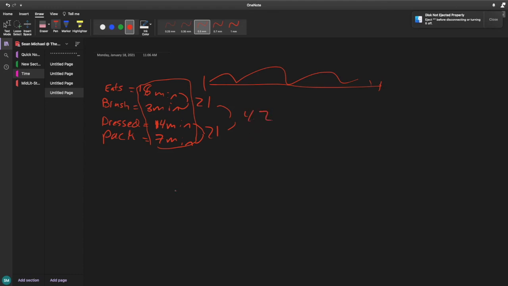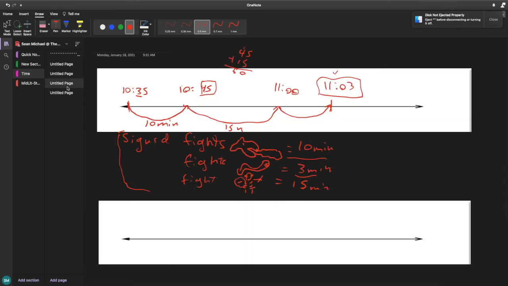And now instead of having to do all the little hops, you can come back here, because we still have a timeline over here, and say, if we're trying to figure out what time it happens, she gets up at 7:15. Well, now we know the full amount of time elapsed, which is nice, 42 minutes.